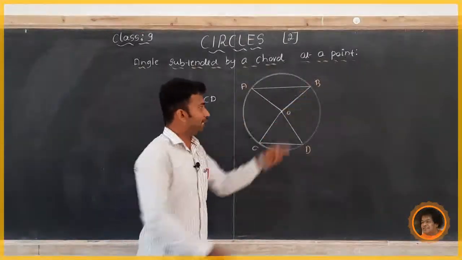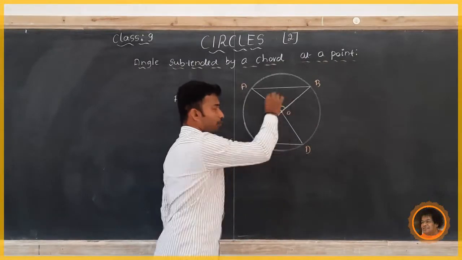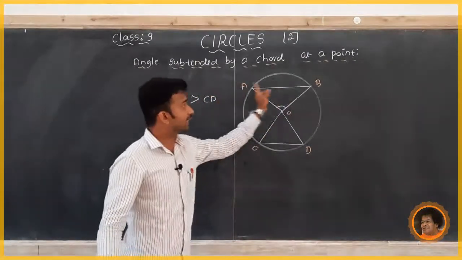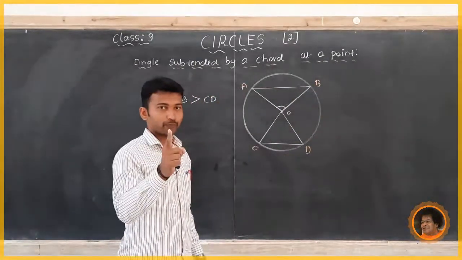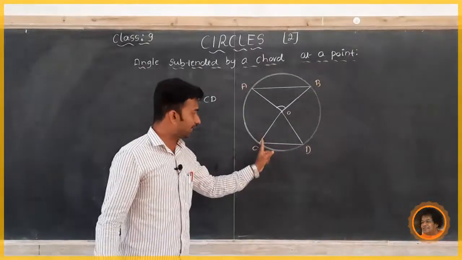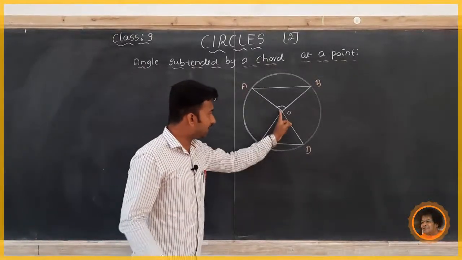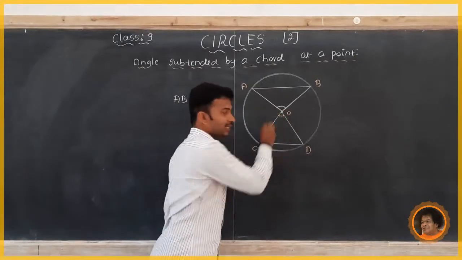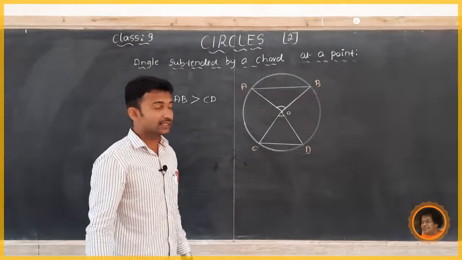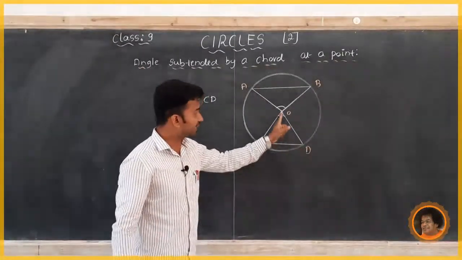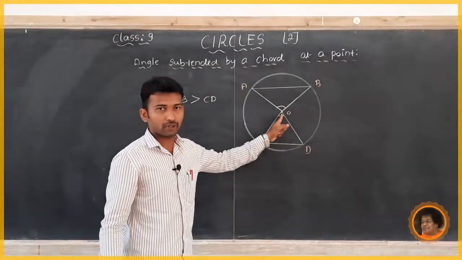Angle AOB is subtended by the chord AB at the center O. Similarly, angle COD is subtended by the chord CD at the center O.